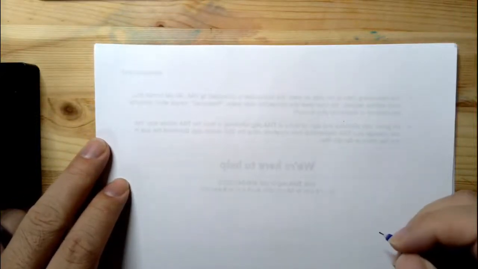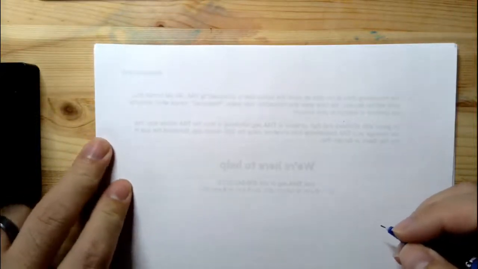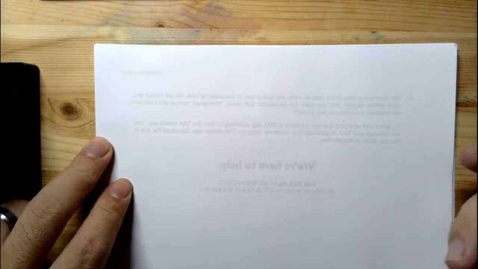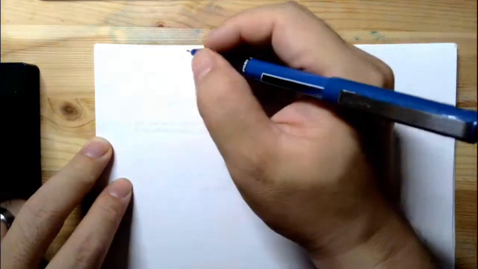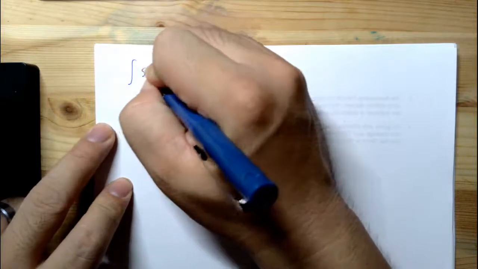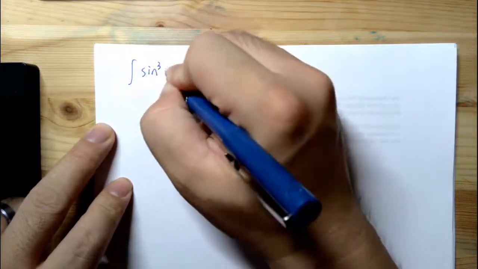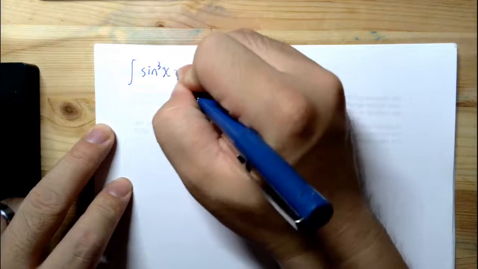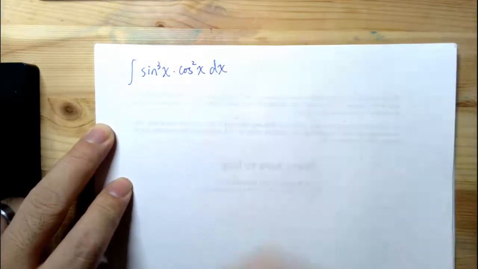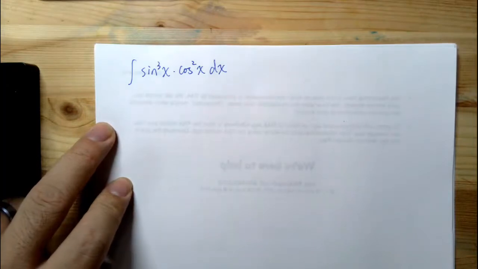Okay, so now let us look at one integral problem related to the trigonometric functions. The problem we have today is the integral of sine cubed x times cosine squared x dx.